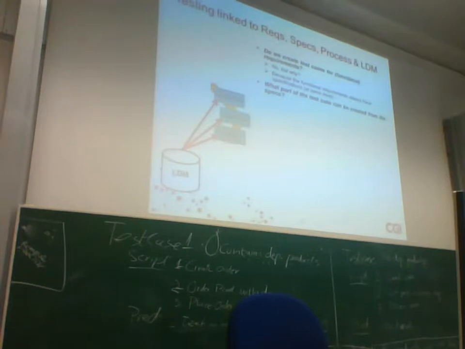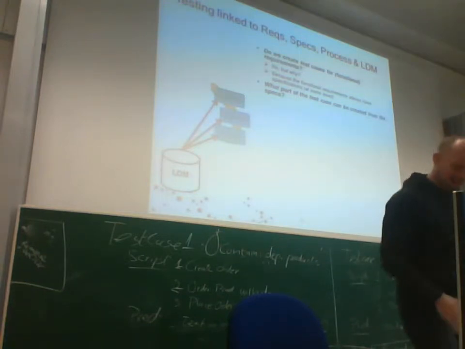So, what part of the test case can be created from the specifications? The start state and the predicted outcome, so not the script. You need more details for the script. Exactly correct. Why is that? I'm looking at the front here.